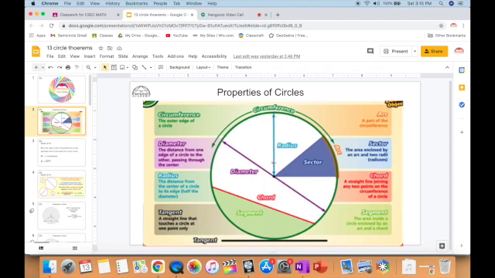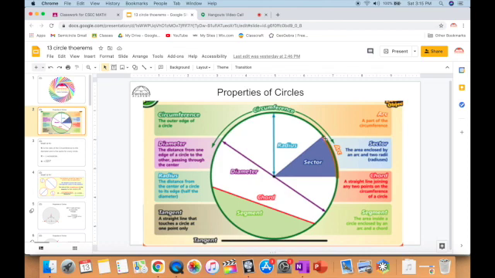Yeah, so the radius is half of the diameter, and that is a really important thing. You can actually write it down like D is equal to 2 times R. 1 diameter is equal to 2 radii, or a radius is equal to D over 2. So our radius is half the diameter.